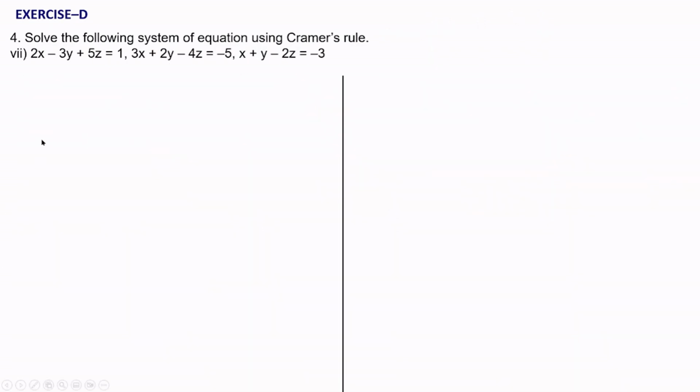Next we have the next question: 2x minus 3y plus 5z equal to 1, 3x plus 2y minus 4z equal to minus 5, and x plus y minus 2z equal to minus 3. Here, if we had this equal to 11, we will get the answer given in the book. So the answer which we get here will be different.